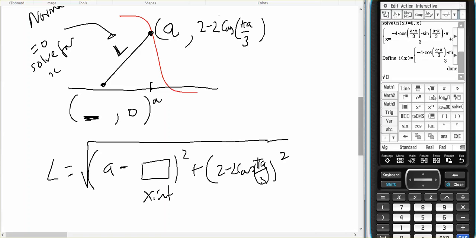I want the square root, and bracket plus bracket, squared. I want A minus. That's got to be in terms of A, because there's no x's in it. So I'll get A minus I of A.